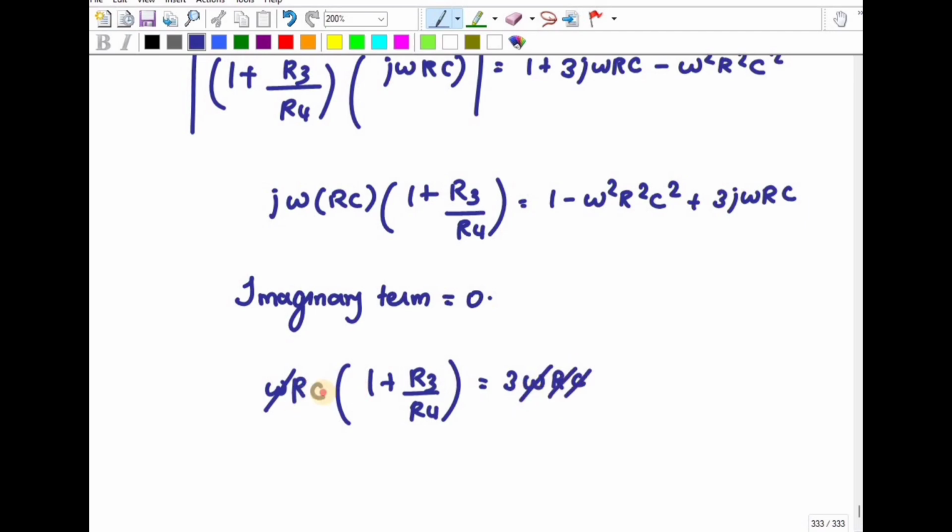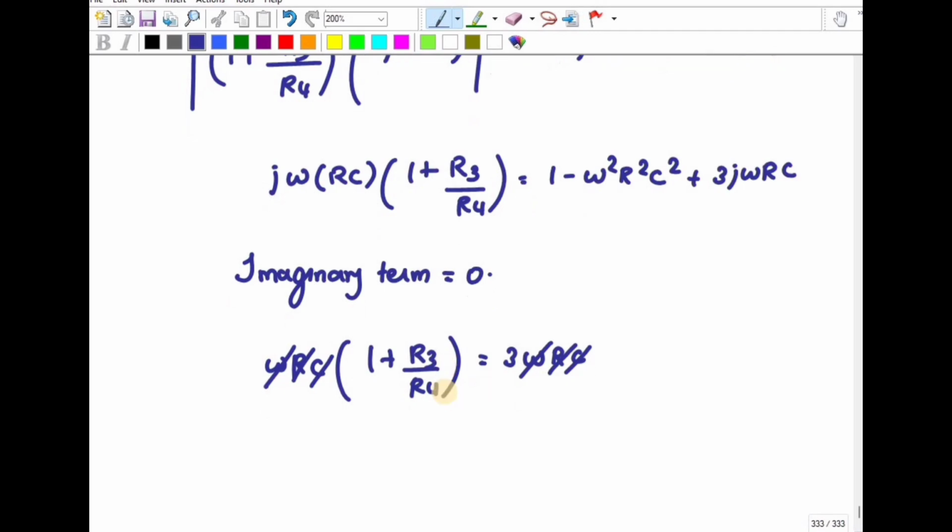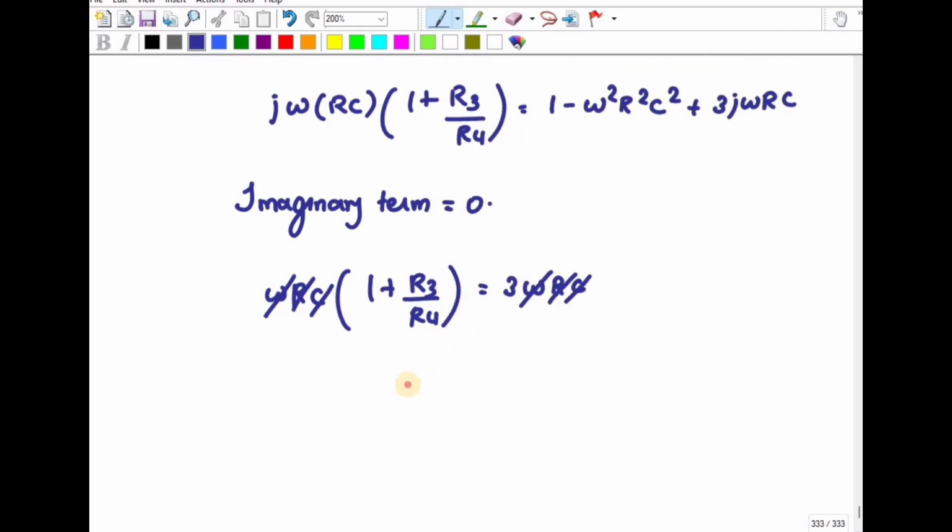This omega RC gets cancelled out. So you will get R3 by R4 is equal to 2. So R3 is equal to twice the R4. So this is my first condition.